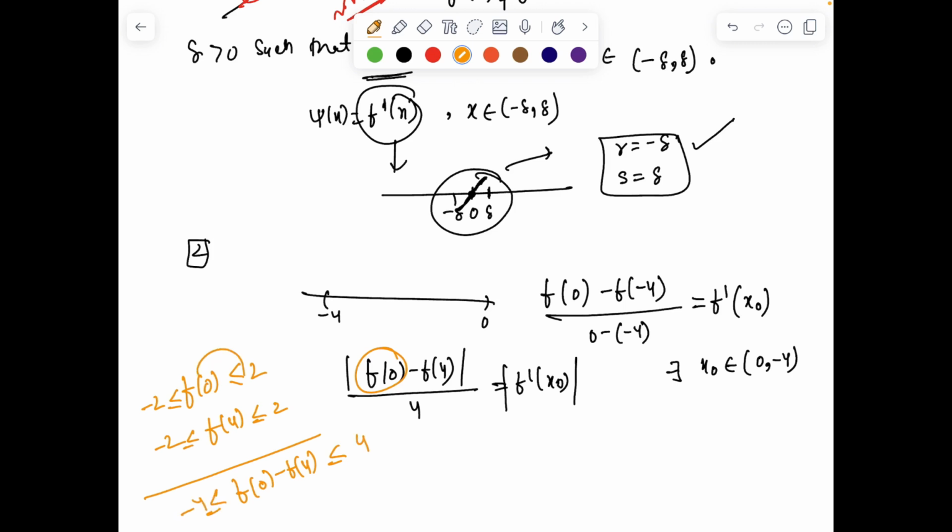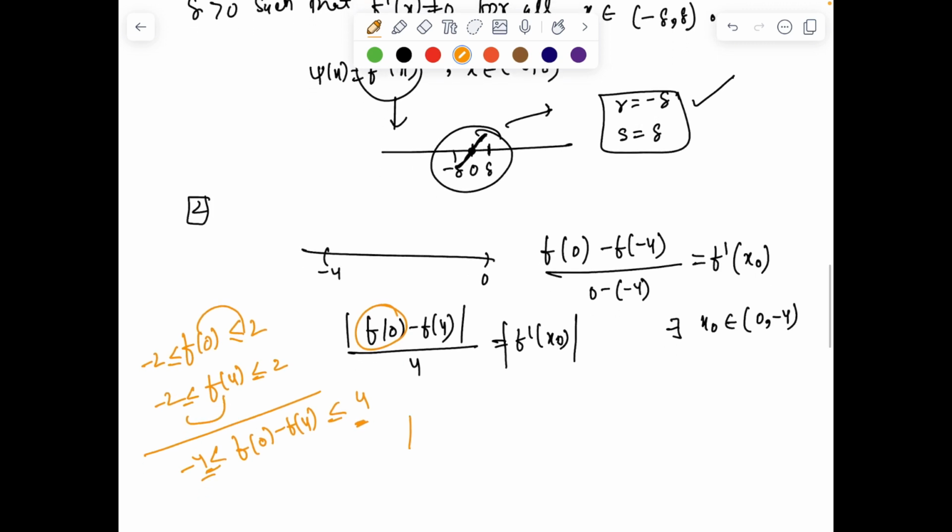When f of 0 is 2 and f of minus 4 is minus 2, it will come to 4. This you can say directly from the triangle inequality as well, because the difference of two sides is less than the sum of two sides of a triangle, right? So this quantity is definitely less than or equal to 4. So overall this quantity becomes less than or equal to 1.